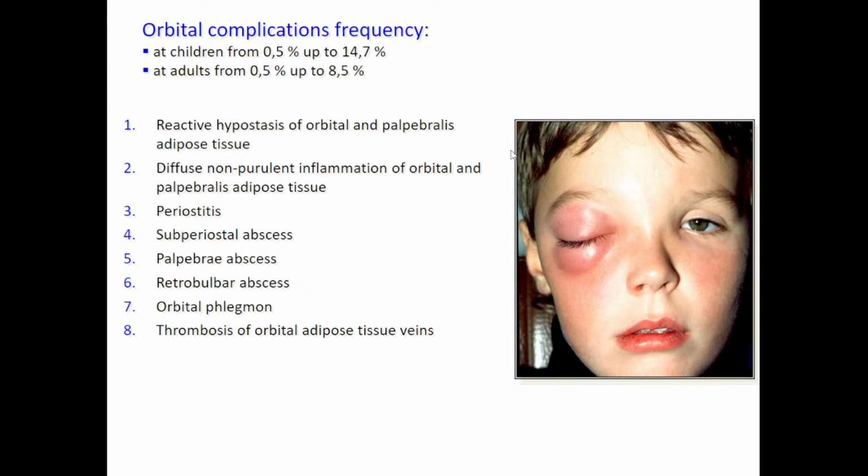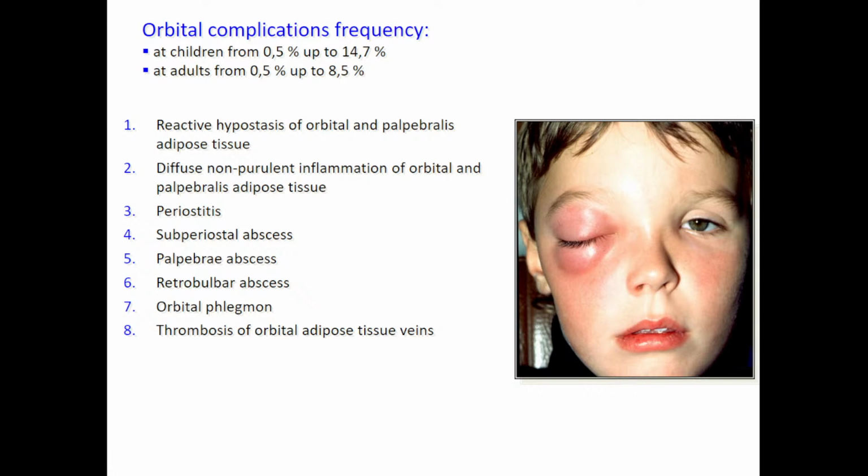Frequency of orbital complication: in children it is from half a percent to 15%, in adults from half a percent to 8.5%.